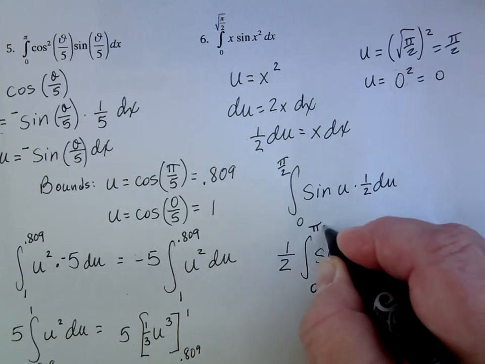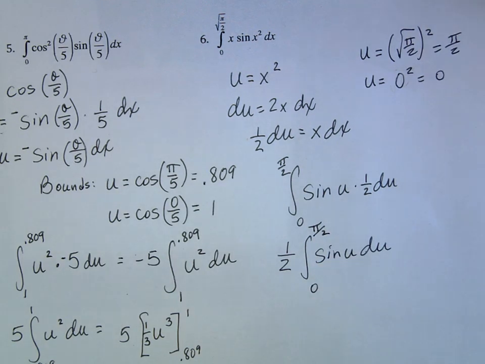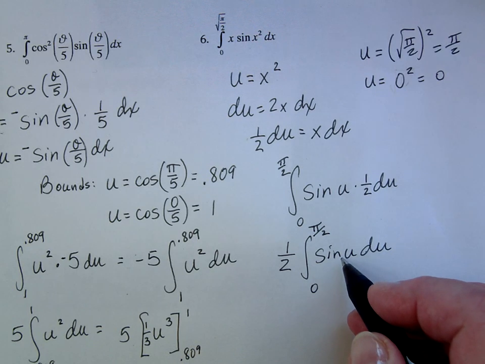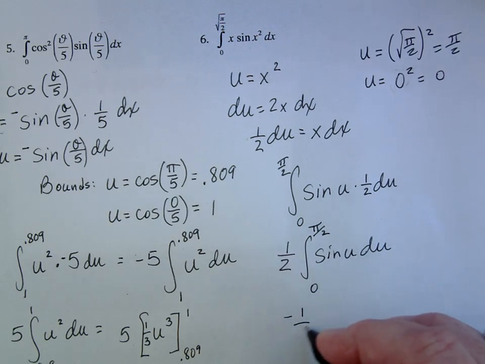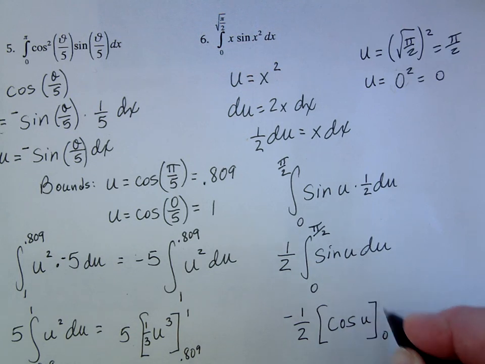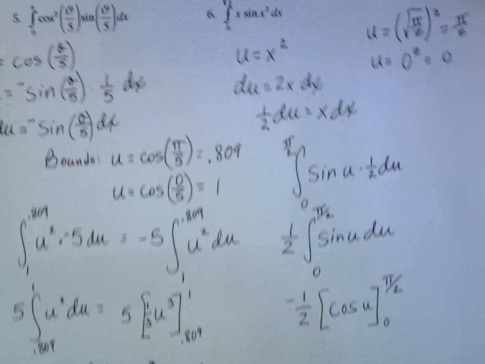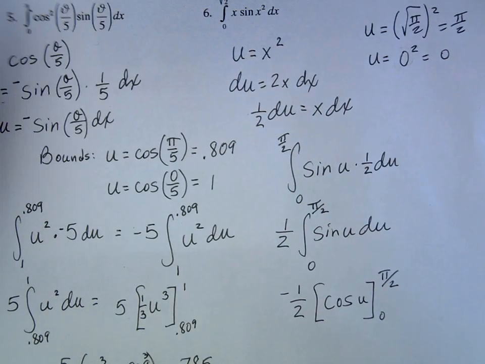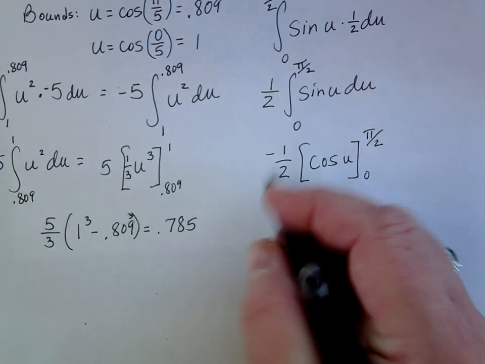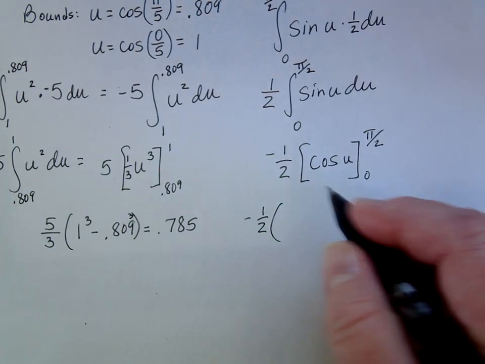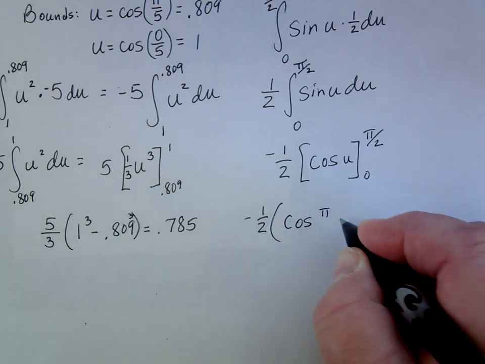And so if I'm looking for what the antiderivative is, for sine it's going to be negative cosine, makes this a negative 1/2. I'm looking at the cosine of u going between 0 and pi over 2, and I'm ready to f of b minus f of a this thing. So if I do that, I have negative 1/2 on the outside. I have the cosine of pi over 2 minus the cosine of 0.